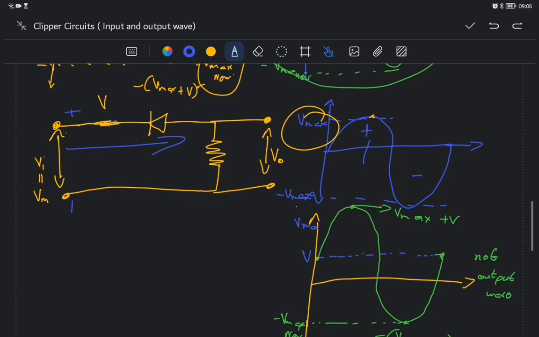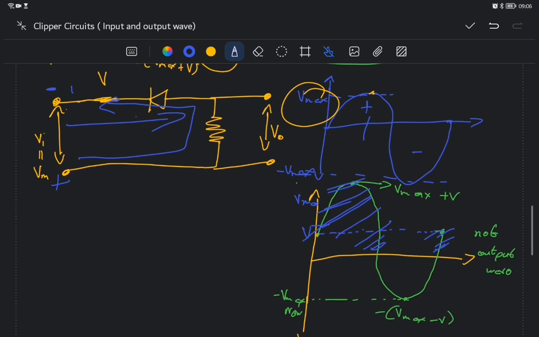Now if we change the polarities and say now I have negative here and positive here, the current will flow in this direction. So meaning that whatever is happening here is clipped off. Any of that on top, on the positive cycle, is being clipped off, right?